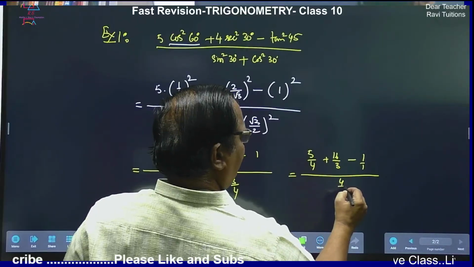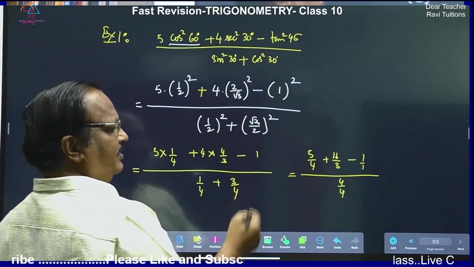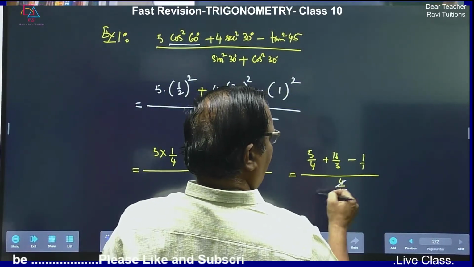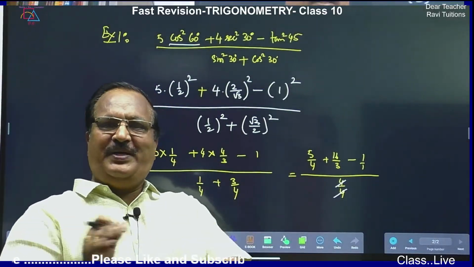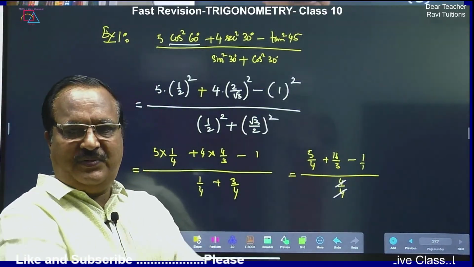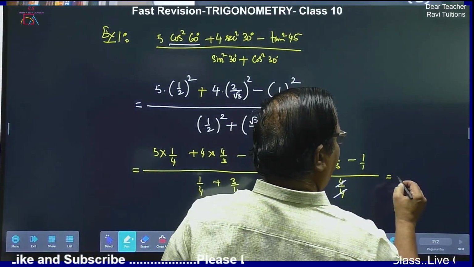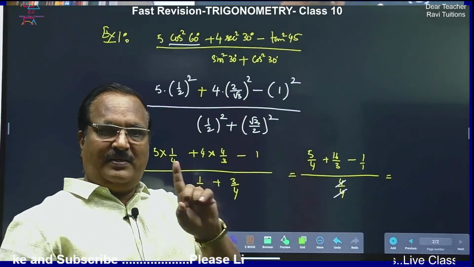This is 4 by 4. Denominators are same, you can add numerators directly. So, then these two will get cancelled. So, denominator is 1, you can remove it. You don't need to write it. So now only numerator is remaining. I'm not writing denominator. Denominator got cancelled, 1.